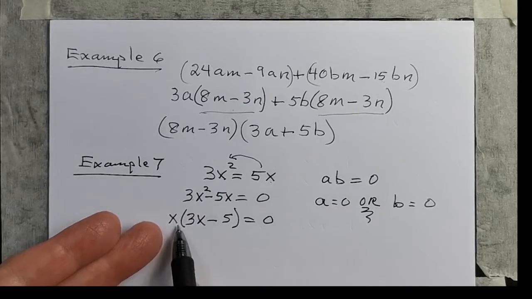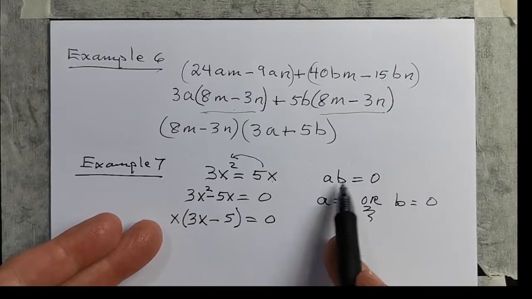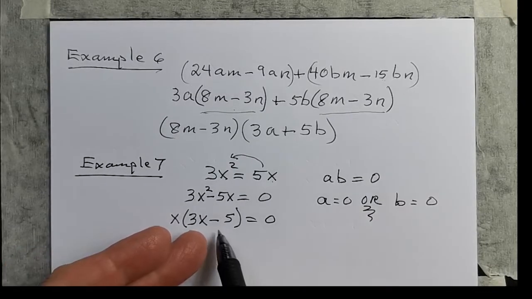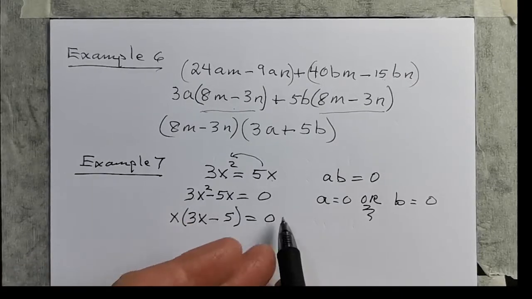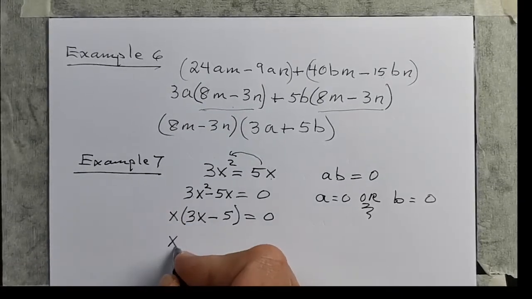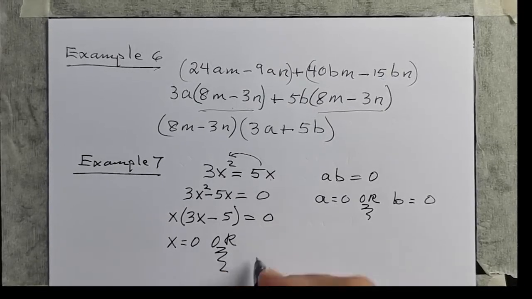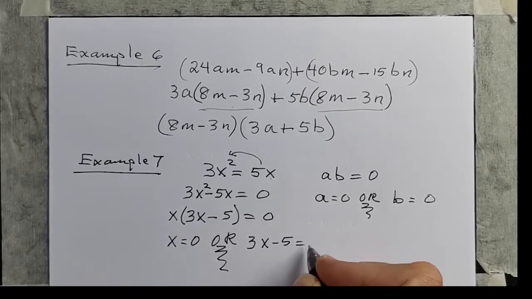In this case, our a from this illustration is x, and our b is 3x minus 5. Two things multiplied together, product equals 0. So either x will be 0 or 3x minus 5 equals 0.